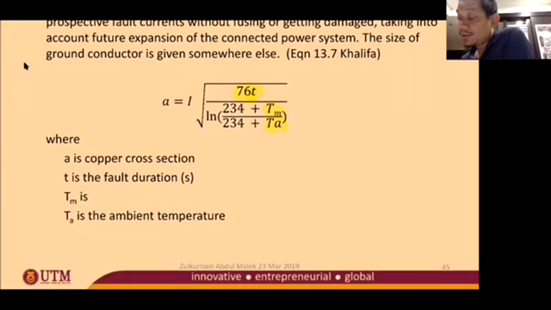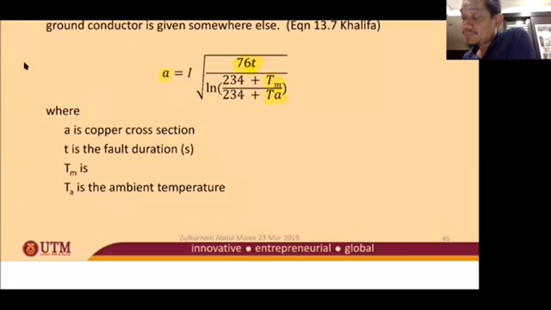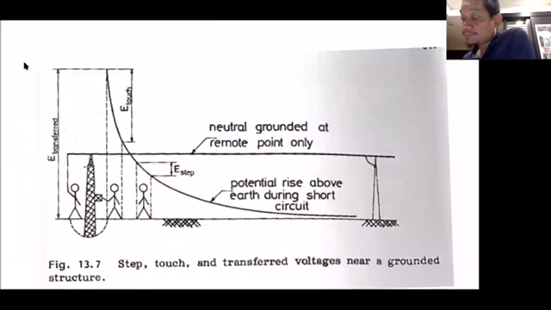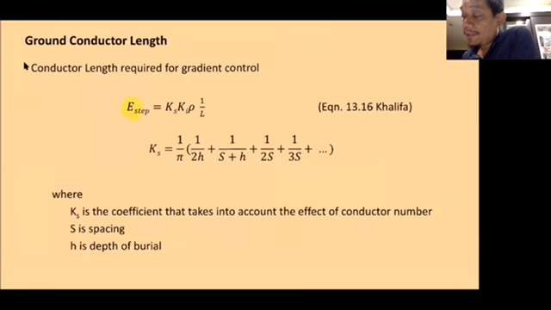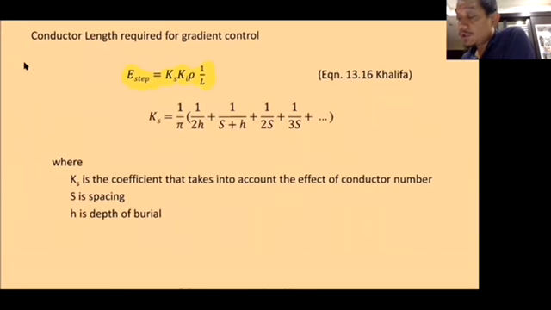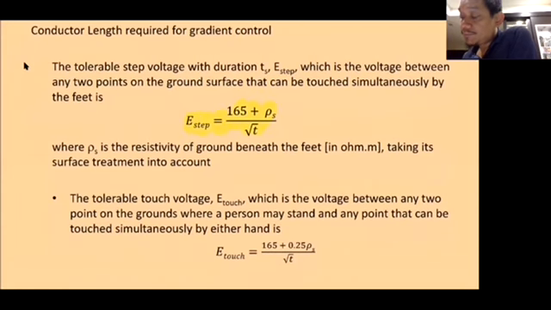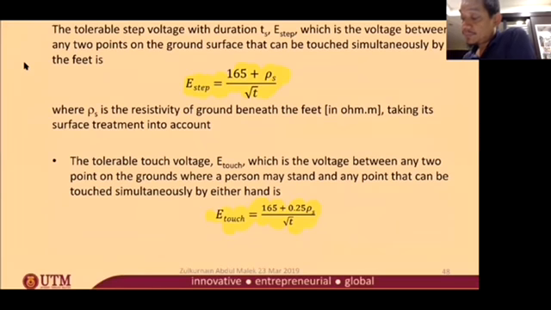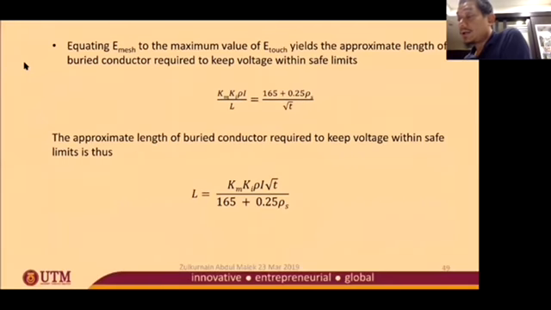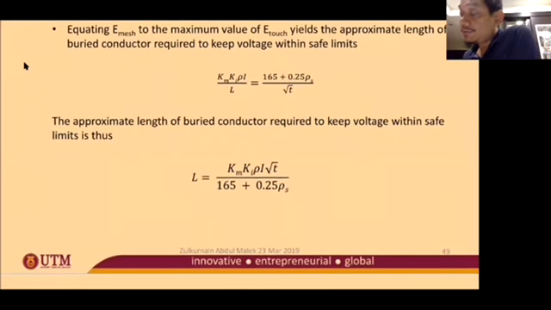This is A, the conductor size, cross section, and this is the formula for E step. Acceptable. So you need to design until E step is smaller than that. We give you KS. E step again here. And then E touch. This is acceptable. Okay, and you equate this. This is from your design, and this is tolerable. We give you the design L.